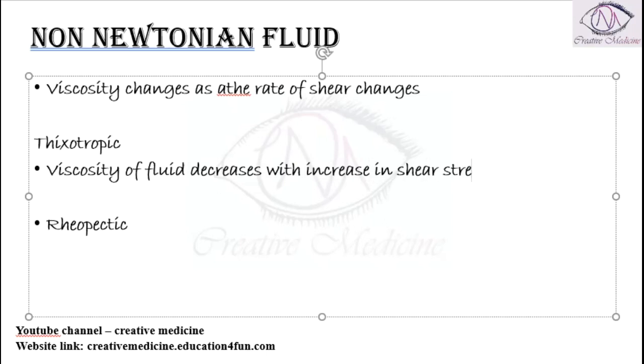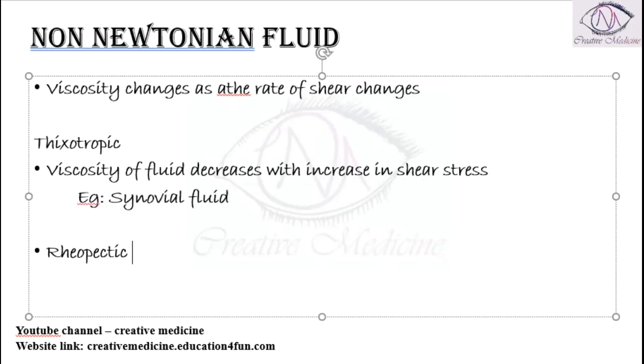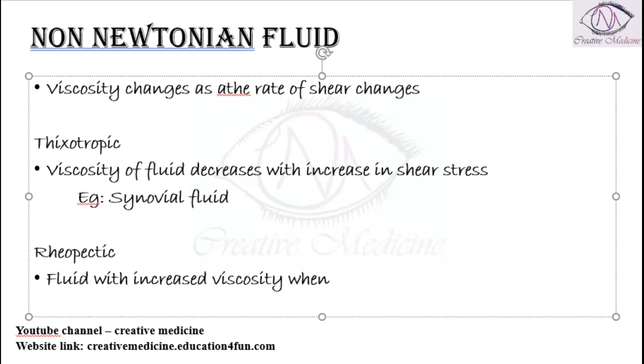When the shear stress increases, the viscosity of the fluid decreases, which is called thixotropic. Example, synovial fluid. Then we have rheopectic. In rheopectic fluids, when there is an increase in shear stress, increased viscosity of the fluid is seen.